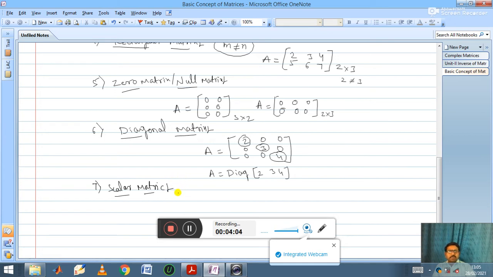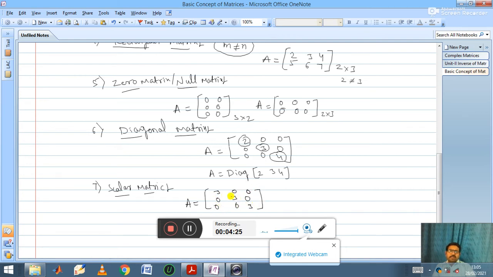The same concept is applicable for a scalar matrix, but the only difference is, A equals, here I am writing 3 0 0, 0 3 0, 0 0 3.